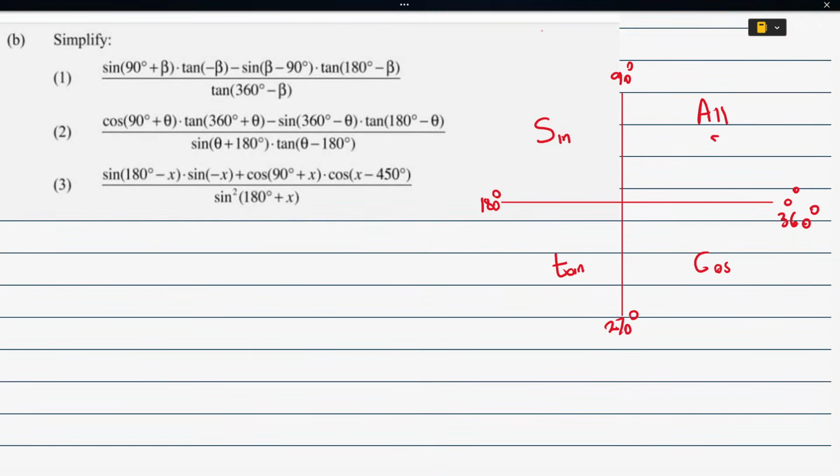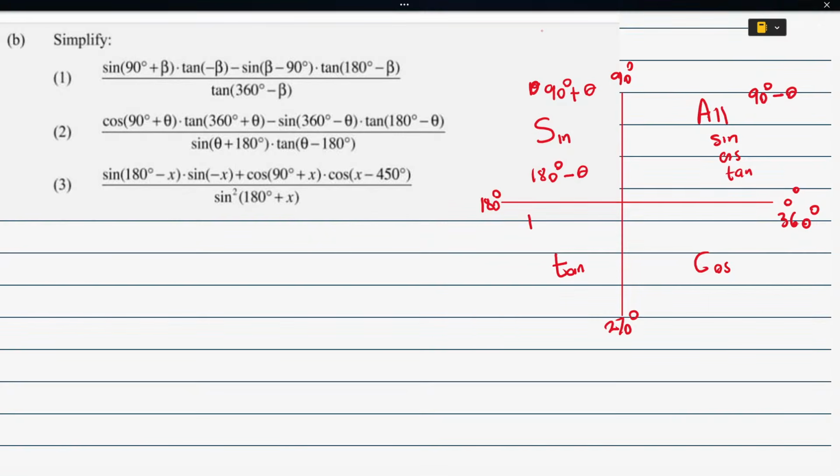So in the first quadrant, sine, cos, tan are positive. And remember, first quadrant, that's why we have 90 degrees minus theta. This one, we have 90 degrees plus theta. We also have 180 degrees minus theta.